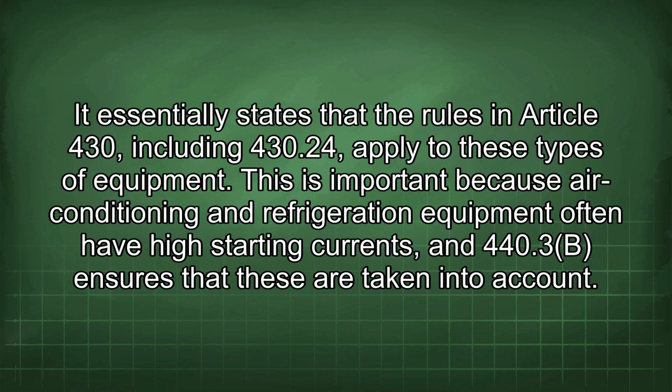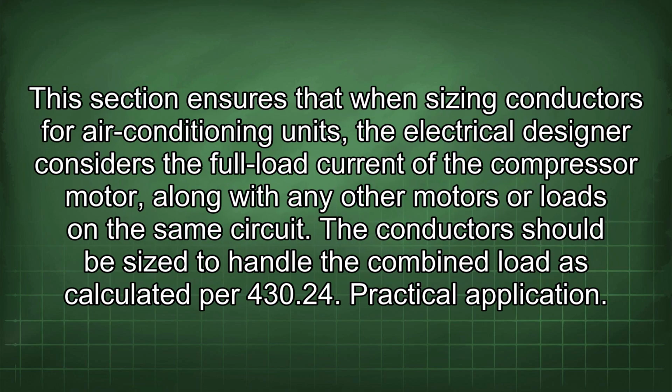This is important because air conditioning and refrigeration equipment often have high starting currents, and 440.3(B) ensures that these are taken into account. This section ensures that when sizing conductors for air conditioning units, the electrical designer considers the full load current of the compressor motor, along with any other motors or loads on the same circuit. The conductors should be sized to handle the combined load as calculated per 430.24.